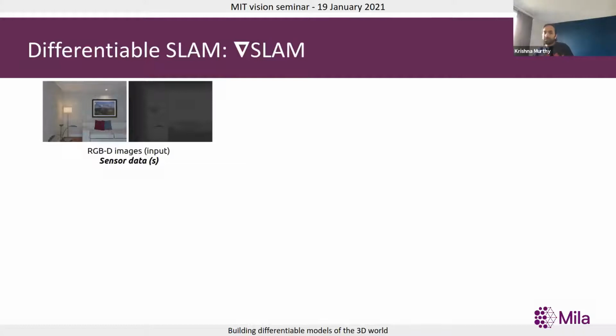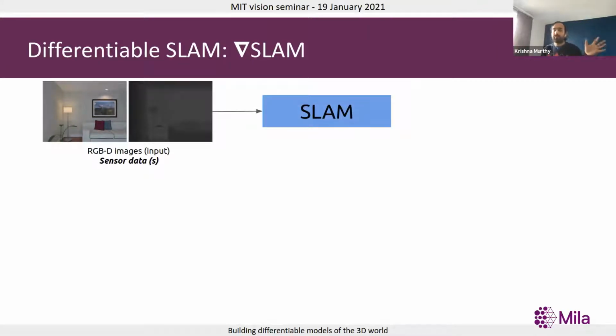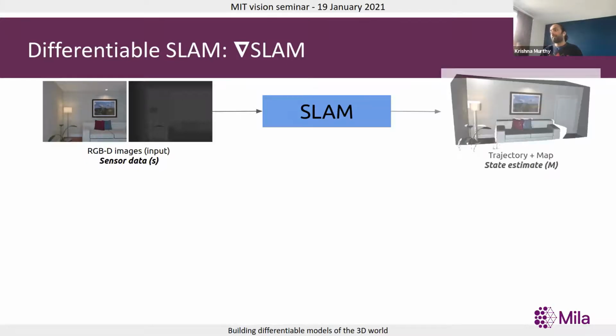So just to give you a broad idea about how a typical dense SLAM system might look like, the real key idea of GradSLAM is you can treat SLAM as a function that maps a sensor data stream S to a state estimate M, and M is just the trajectory of the camera and a dense map of the environment.